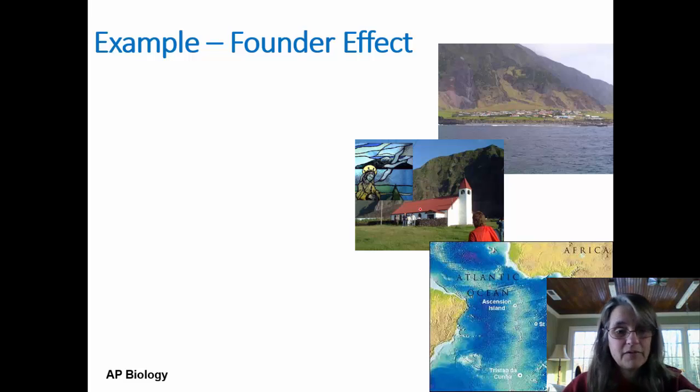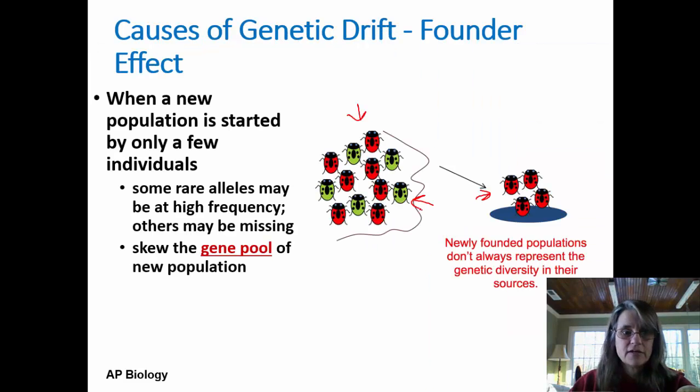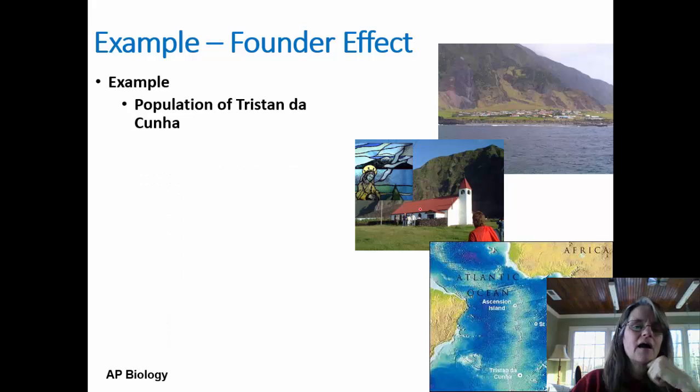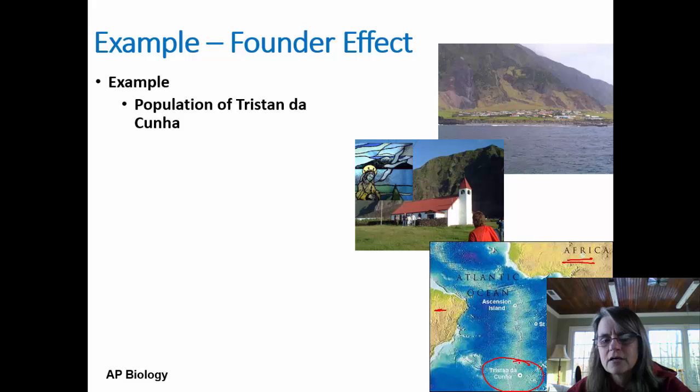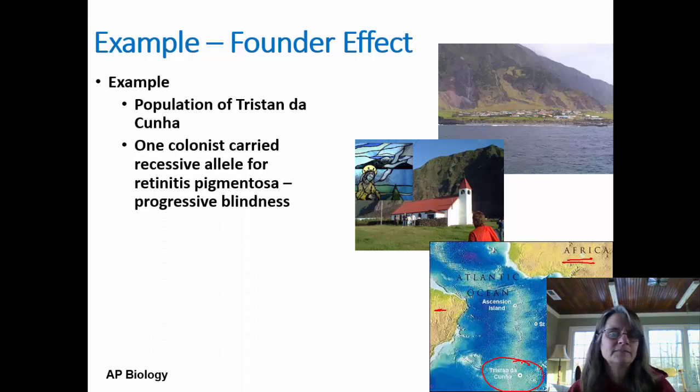A great example of this in real life is on an island in the southern Atlantic Ocean. If we're looking here, obviously here is Africa, here is South America. The island is down here, called Tristan da Cunha. And this island was colonized years ago by a population from the mainland.